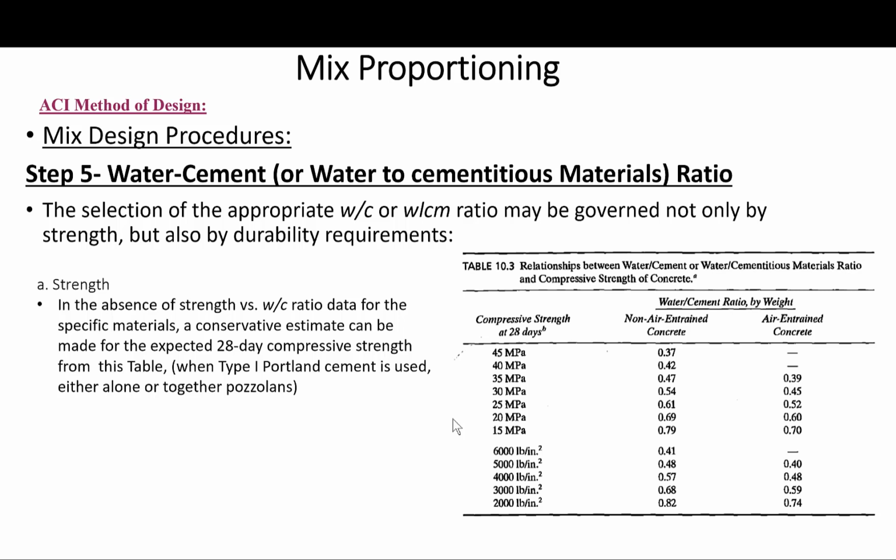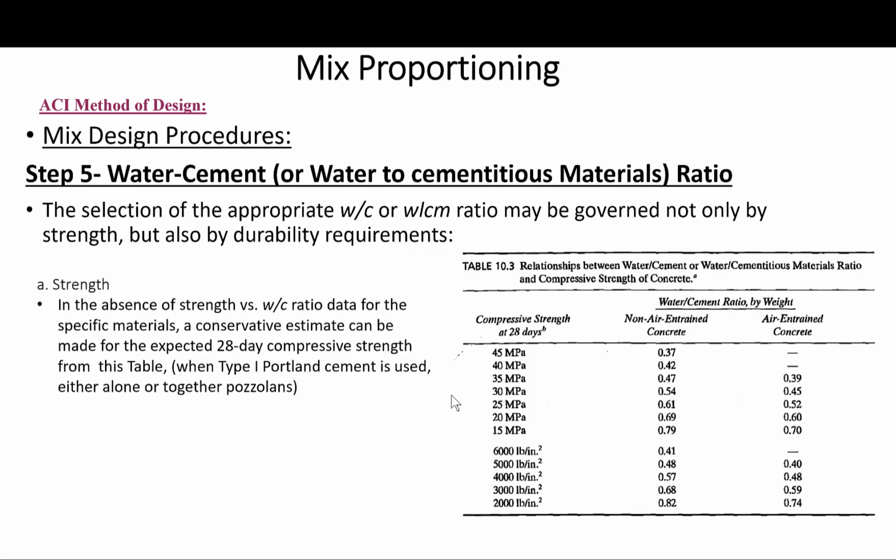As I said, maybe the time when the forms need to be stripped in order to reuse them, because that's money. Or the design may require the use of another standard type of Portland cement, type 2, 4, 5, 3, whatever, or the use of slag or large quantities of pozzolans. In these cases, the table shown here on this slide is not applicable.